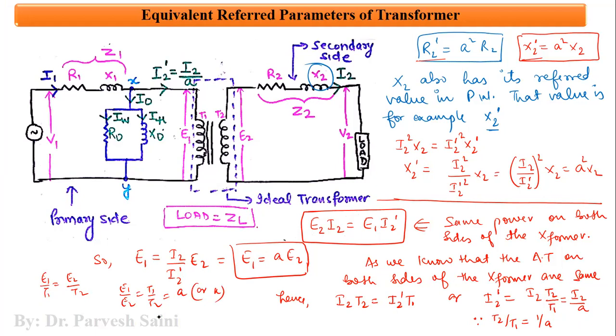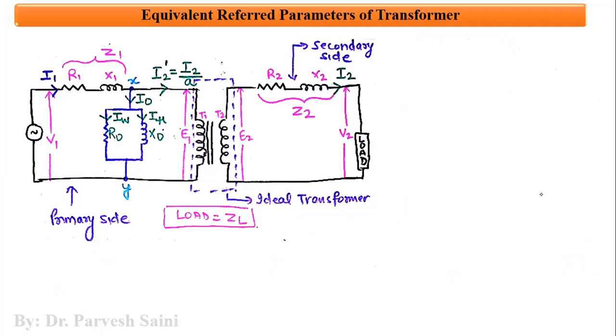So now from here we have few equations: R2 dash is equal to A square R2, X2 dash is equal to A square X2, E1 is equal to A E2, right? And I2 dash is equal to I2 by A.